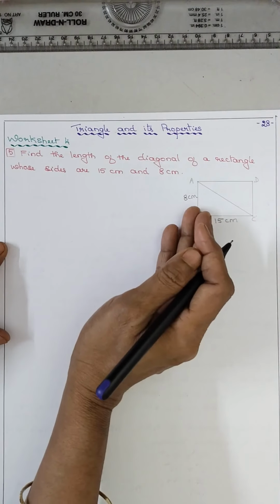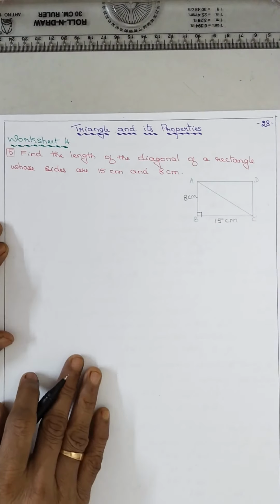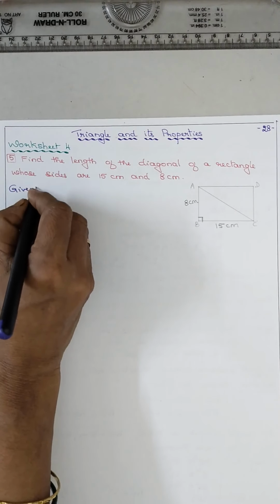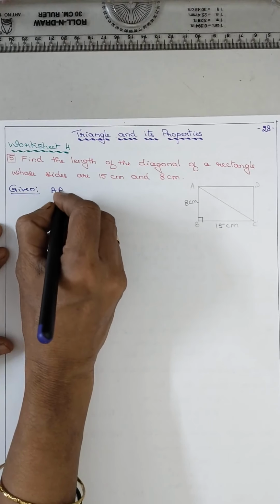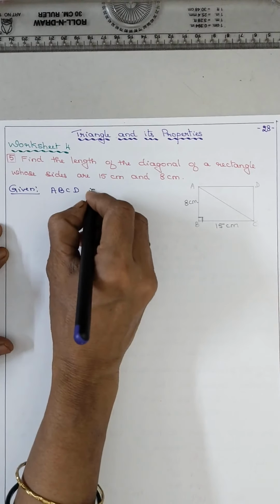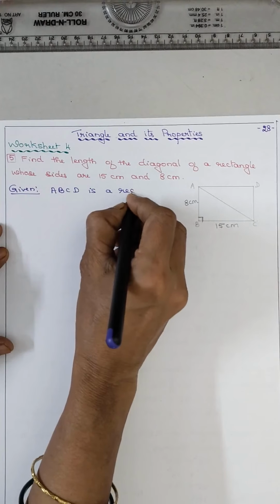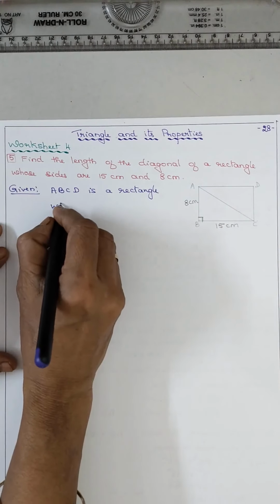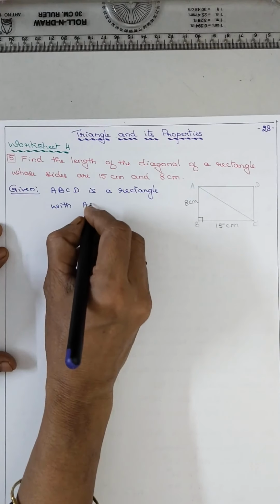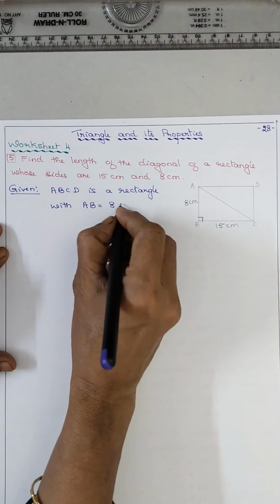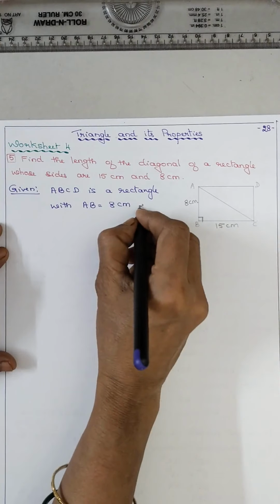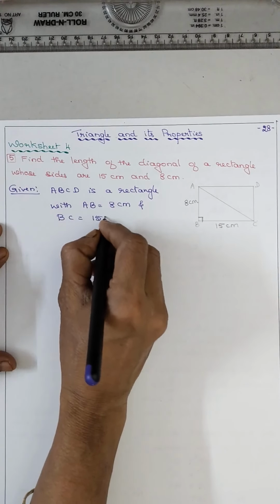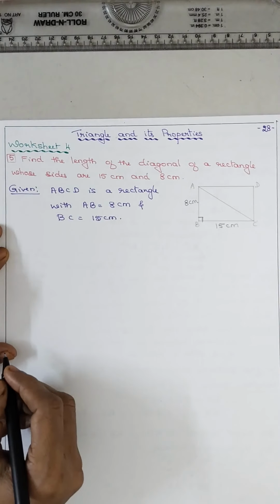Now you got a right angle triangle. Now you use the Pythagoras theorem. Given: ABCD is a rectangle with AB is equal to 8 cm and BC is equal to 15 cm.